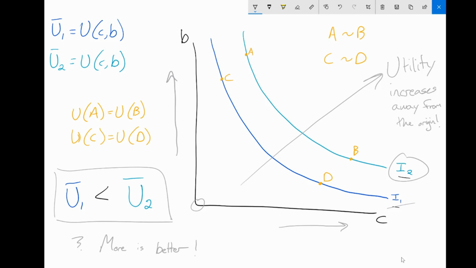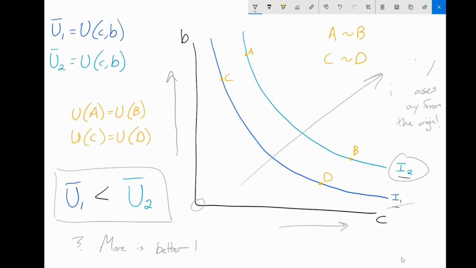All right. The next thing I want to look at is these indifference curves, and I want to demonstrate transitivity here, and show the implication of transitivity using these indifference curves. All right, so again, I think I can keep this graph.